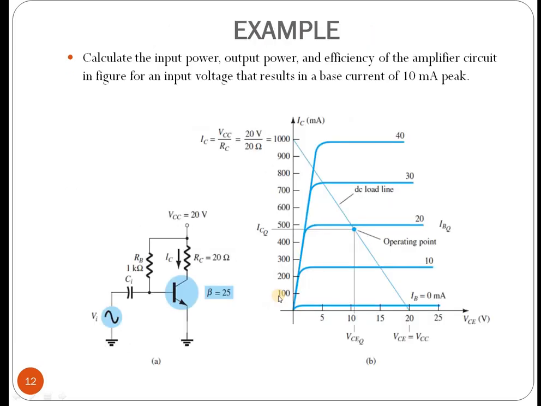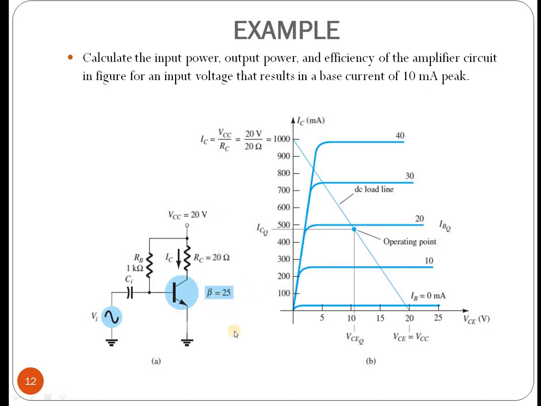An example is given. Calculate the input power, output power and efficiency of the amplifier circuit in the figure for an input voltage that results in a base current of 10 milliampere peak. A circuit is given, with all the values given: VCC, RC, beta, RB.